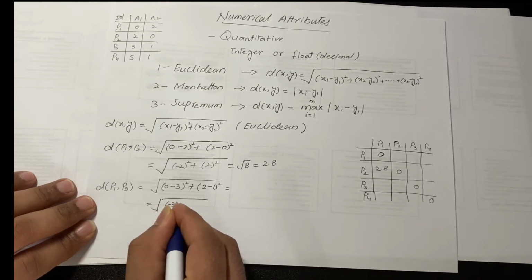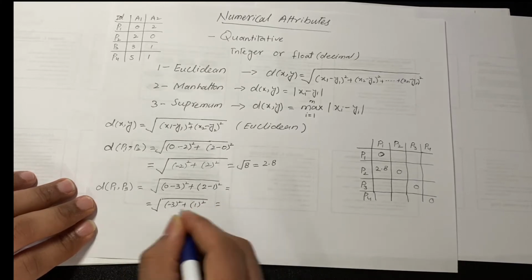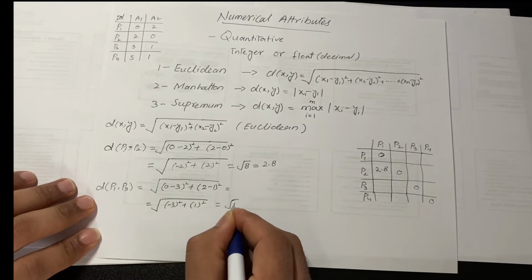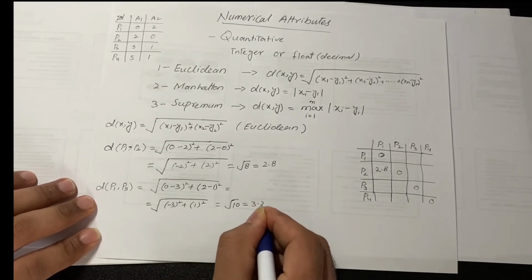So minus 3 square plus 1 square. The answer will be 9 plus 1, 10, square root of 10. The answer will be 3.2 something.